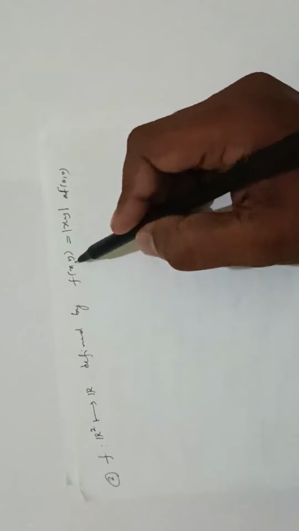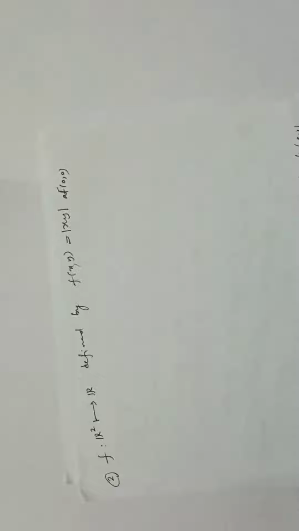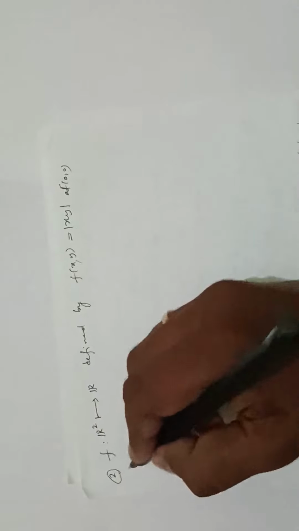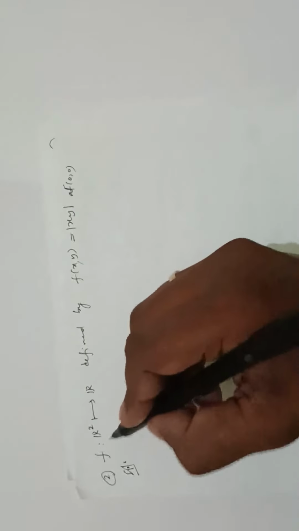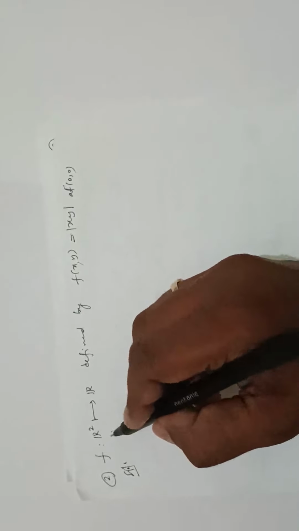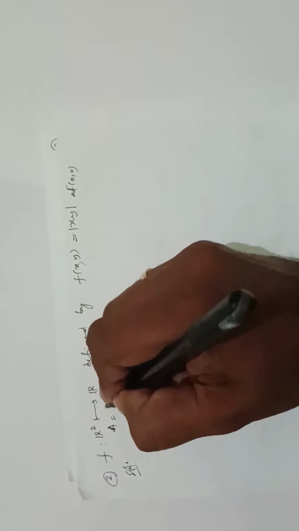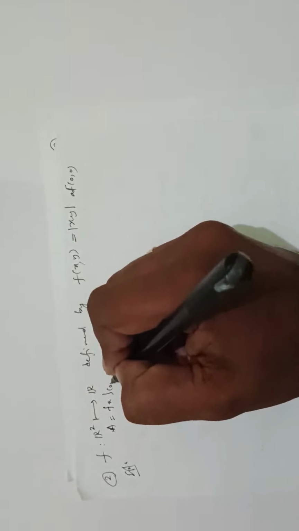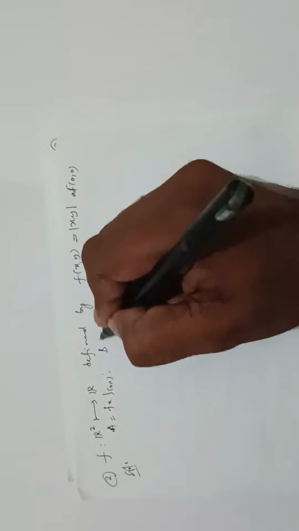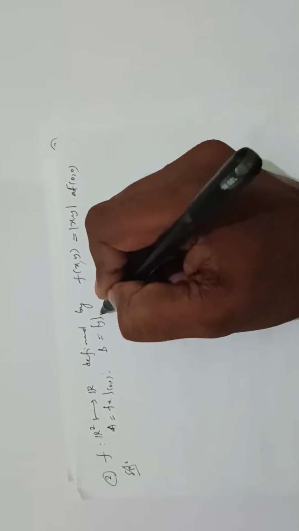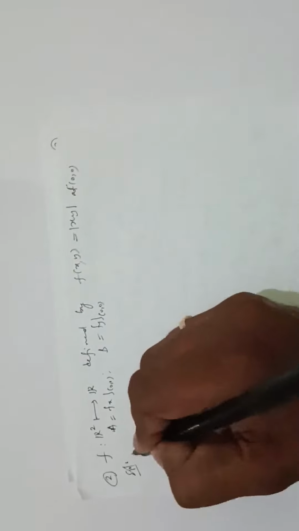Second problem, f of x comma y equals modulus of xy. See, first we need to find a, that is fx at 0 comma 0, and b, fy at 0 comma 0.